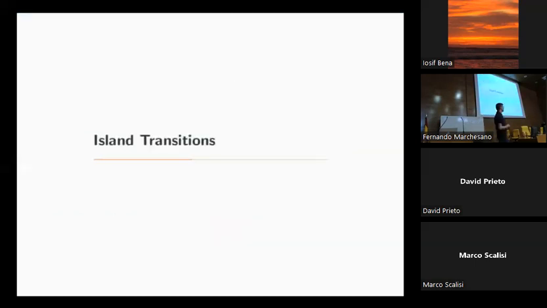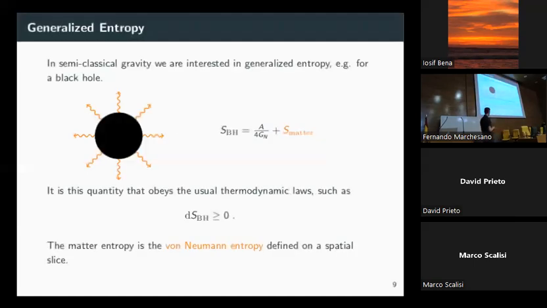Okay, so let me now be a bit more precise about this statement in a very concrete model, and we can see how this is resolved by so-called island contributions. But first, let me explain in a bit more detail what I mean when I talk about entropy. When we do semi-classical gravity, we are typically interested in what is known as generalized entropy. When we think about a black hole, the way generalized entropy arises is as follows. Let's say that I take a black hole.